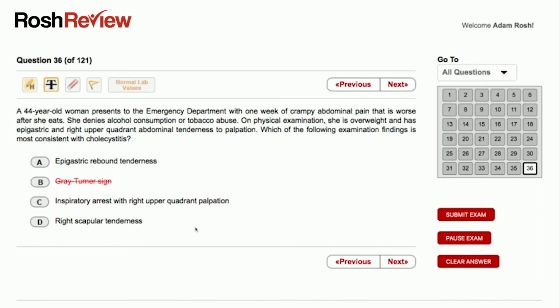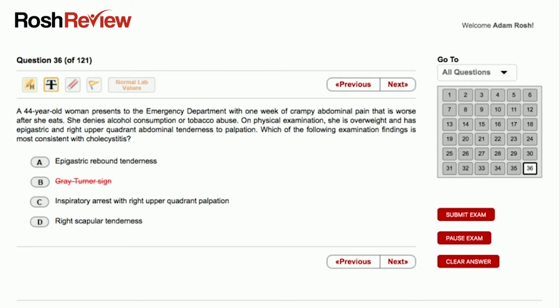And then right scapular tenderness, answer choice D. Well, we know that cholecystitis is associated with right scapular something, right? And it's really referred pain. The reason why you get referred pain in acute cholecystitis is because the gallbladder is irritating the diaphragm, and that is causing the phrenic nerve to become irritated in a sense, right?